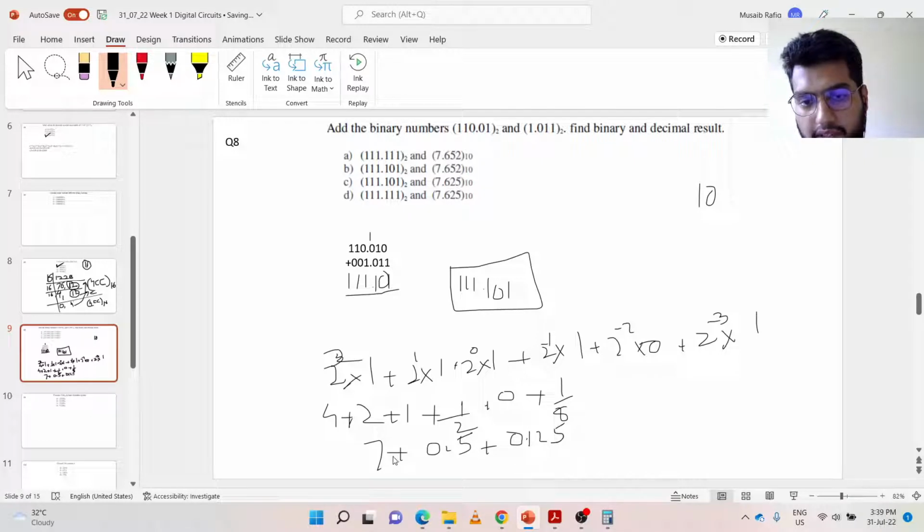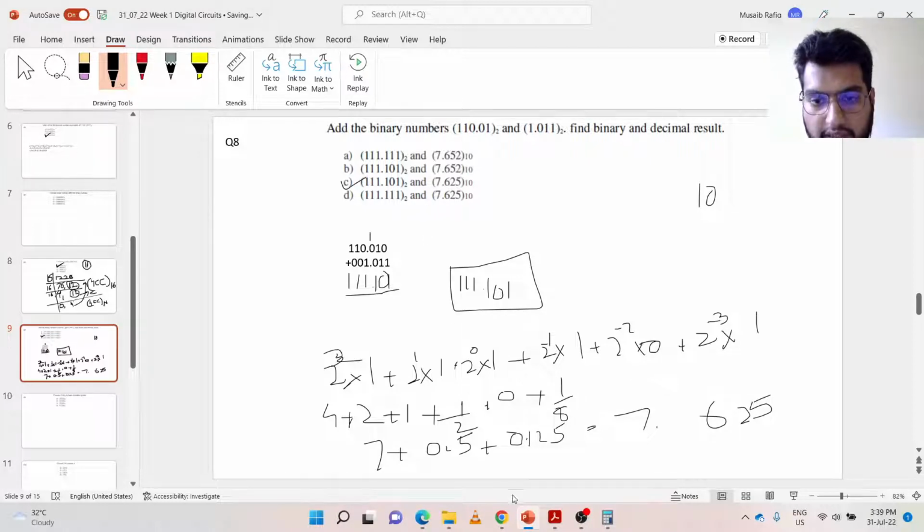So my answer is 7.625. So option C, this is 111.101 and 7.625. Option C is our correct answer.